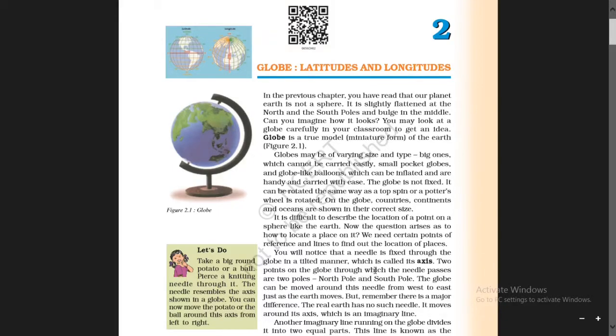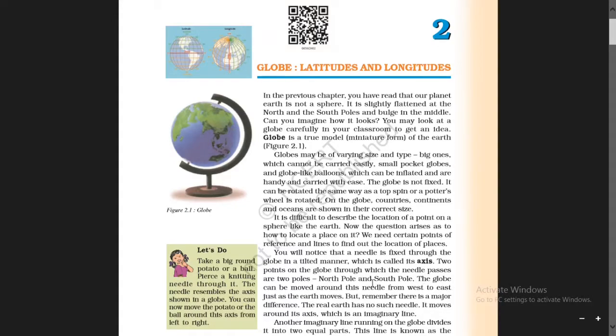The 2 points on the globe through which the needle passes are the two poles, the North Pole and the South Pole.